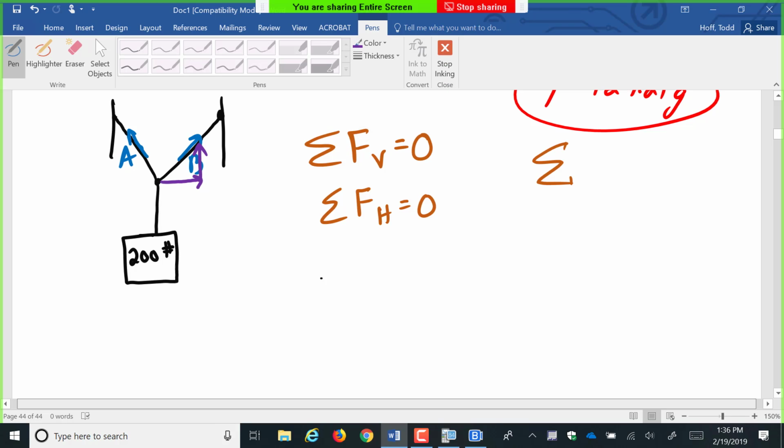So this angle right here is 45 degrees, and over here, this angle is 60 degrees.